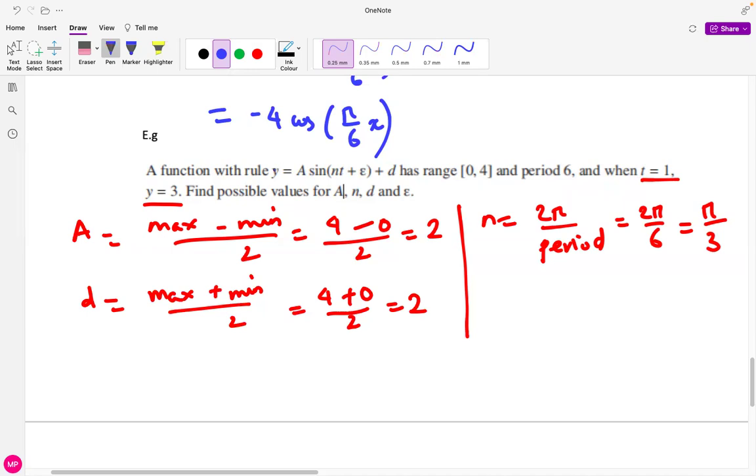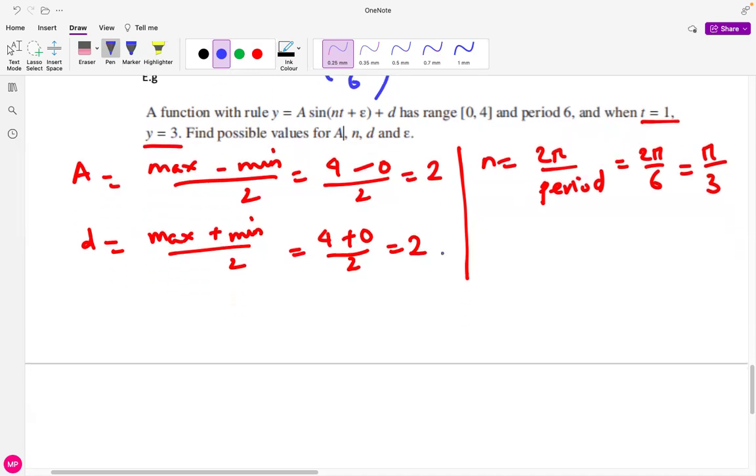So let's sub it in. I replace y with 3. So I have 3 equals a is 2, sine of n is pi over 3 times t, they give me t equals 1, plus epsilon, plus d, they tell me d equals 2.